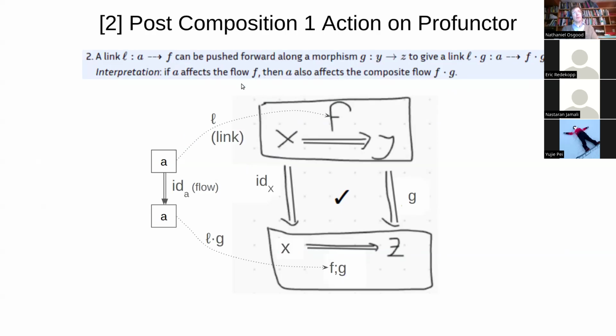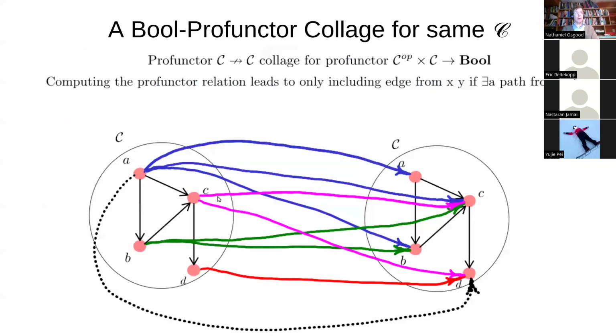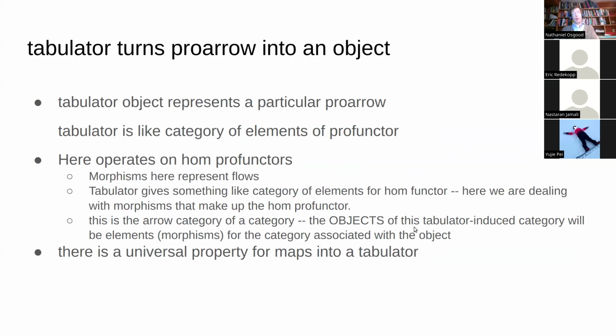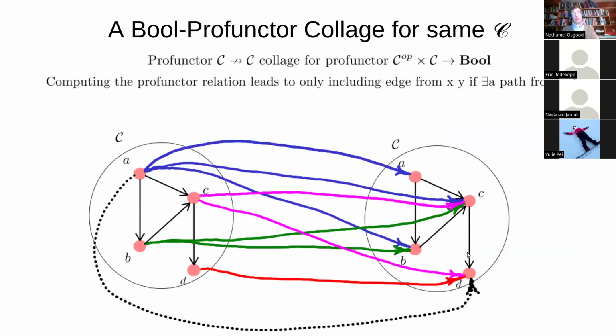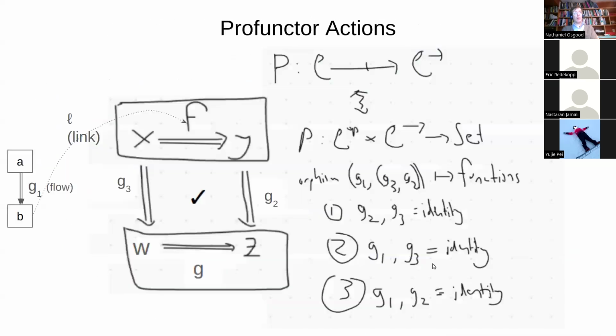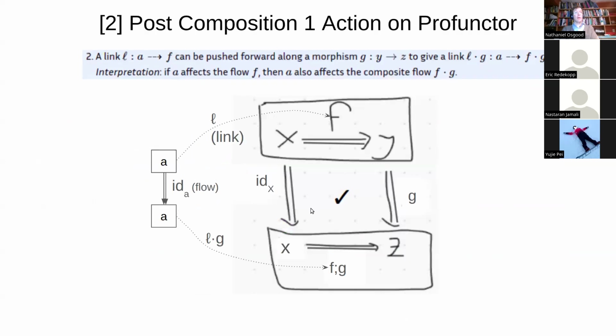Okay, here's another one. Now we have post-composition. So we're dealing with post-composing here. If we have a link from B to C, and we're dealing with how do we get to D, well, we can write a morphism down here in this arrow category. And what do morphisms in that arrow category look like? They look like this.